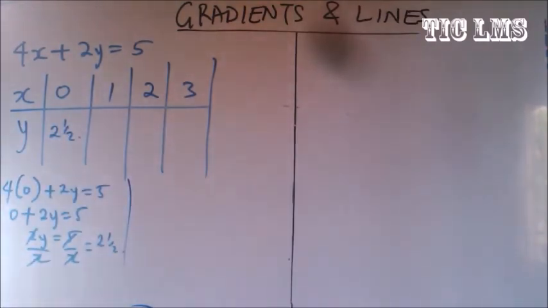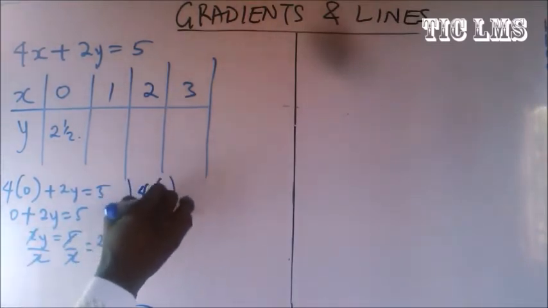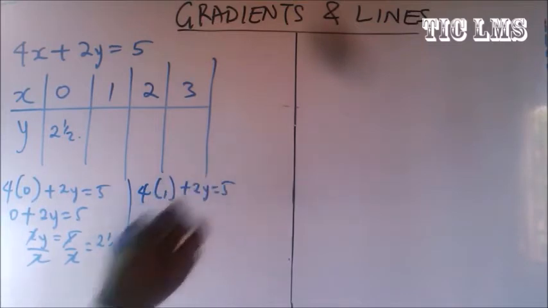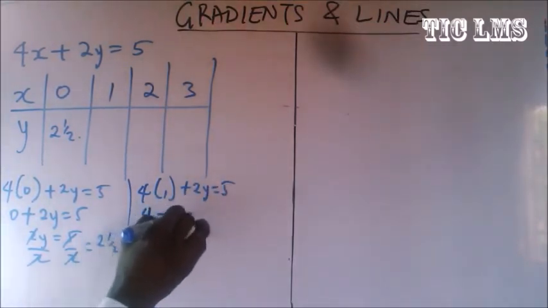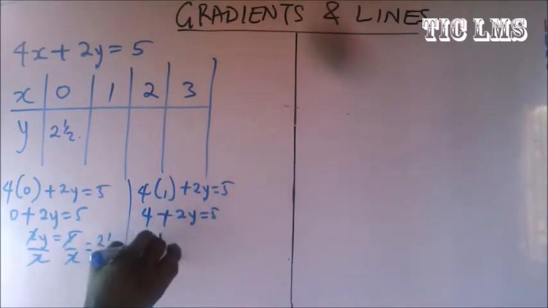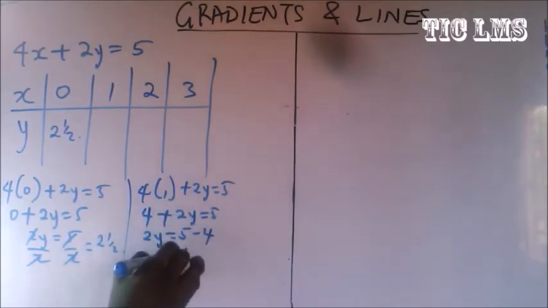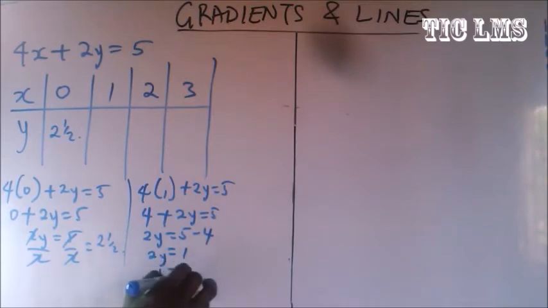Alright, next, when x is 1, what will be the value of y? We'll have 4 into bracket 1 plus 2y equal to 5. 4 times 1 is 4, 2y equal to 5 minus 4, and that leaves us with 1. So y equal to half.